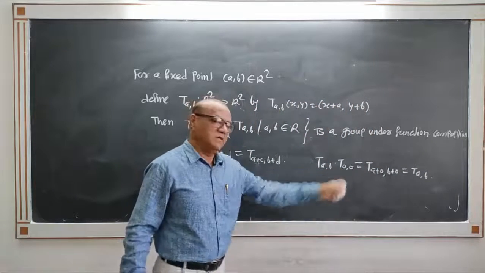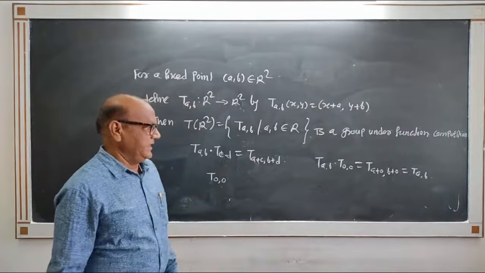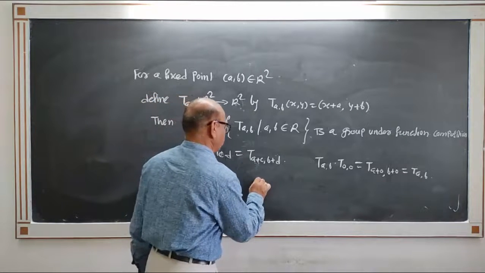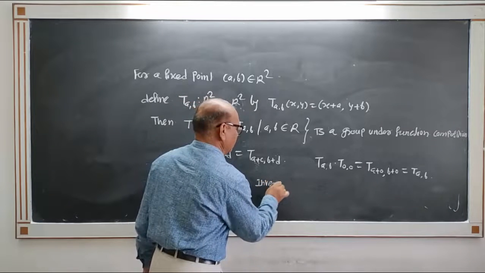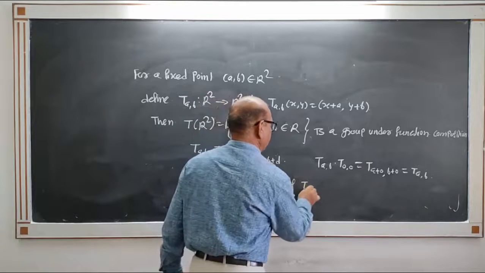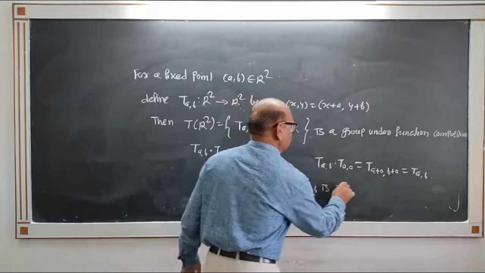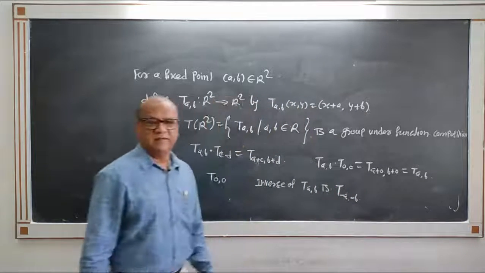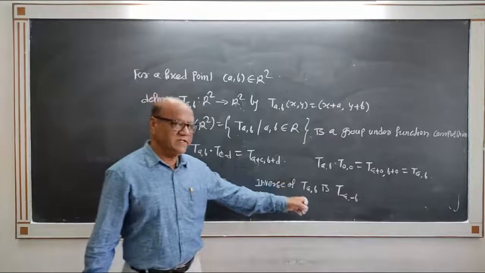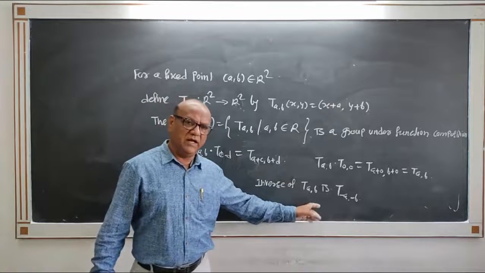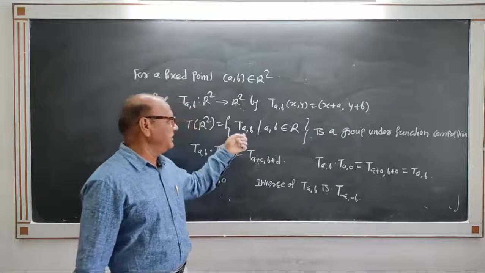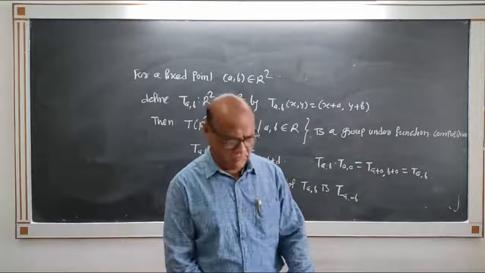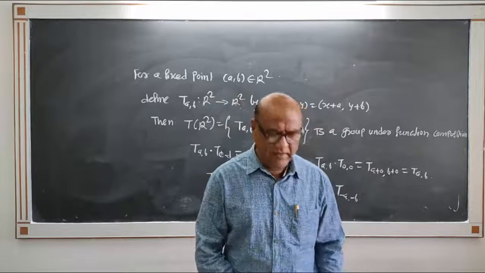So this is the identity, and the inverse of T of (a, b) is T of (minus a, minus b). So it is a group under function composition. We'll stop here. Thank you.